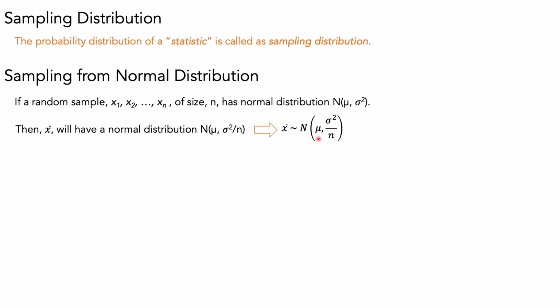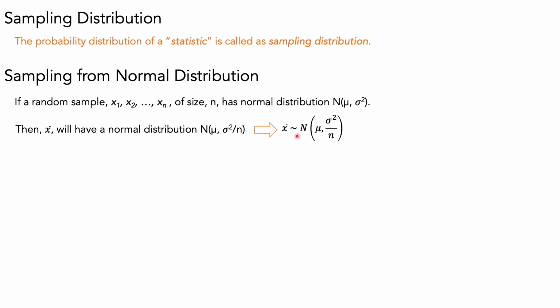The mean value will be mu, and the variance will be sigma square divided by n, where sigma square was the variance of the original probability distribution, or the population.